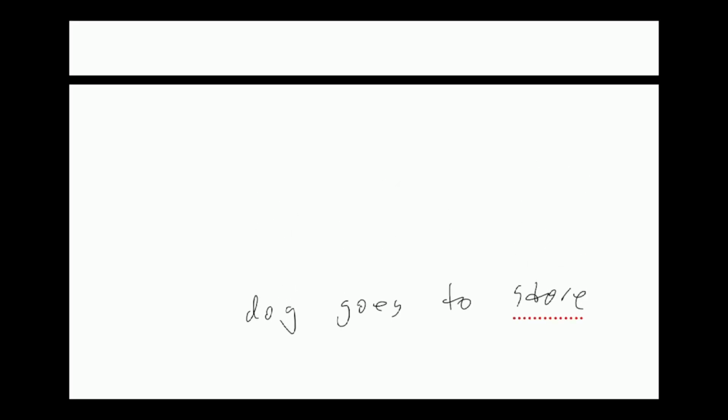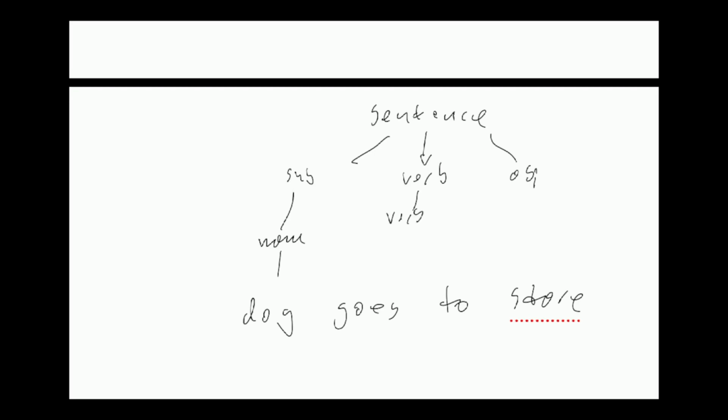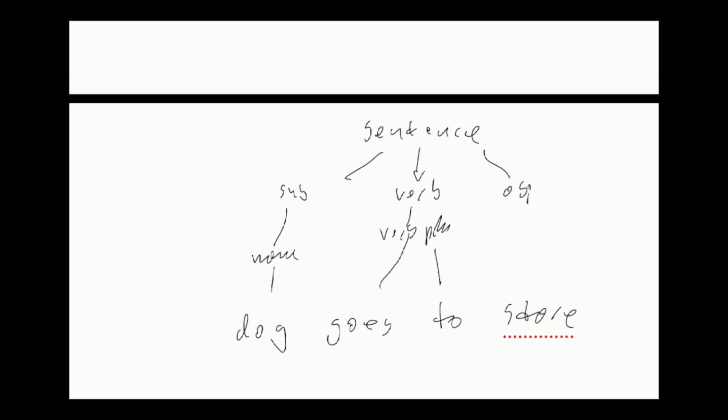Sentence diagramming just shows you how to break down a sentence into its individual parts. So we've got a sentence here, we've got subject, verb, object. In this case, the subject is a noun, the verb is a verb phrase, I think it's called, goes to, and the object is another noun.